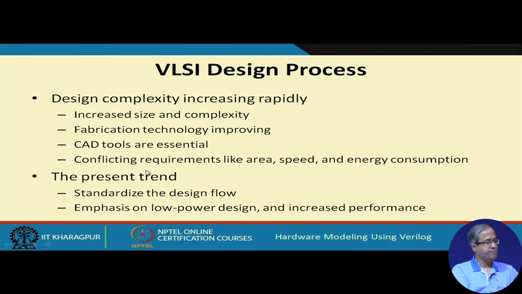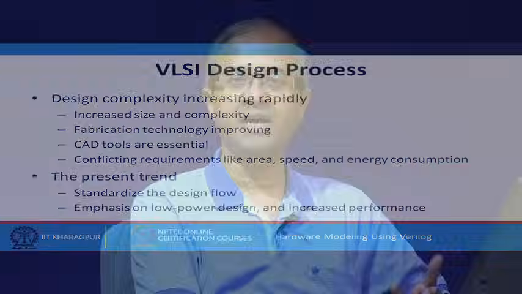And in the process, there are some conflicting requirements that often come in front of the designer. Like for example, the designer may want to reduce the area, the designer may want to increase the speed, the designer may also want to reduce the energy consumption, because as you know, most of these circuits today are working on battery.